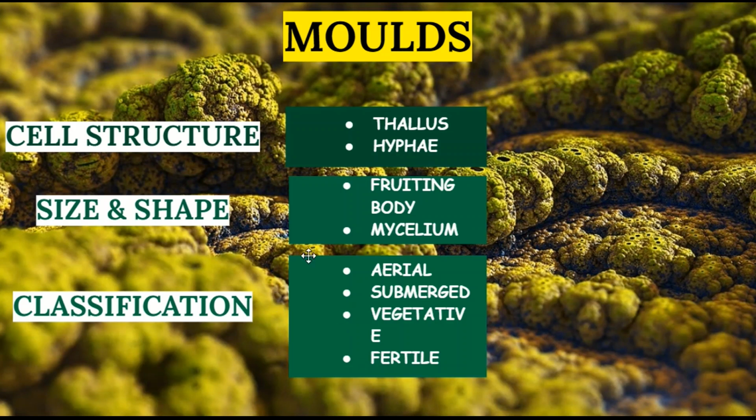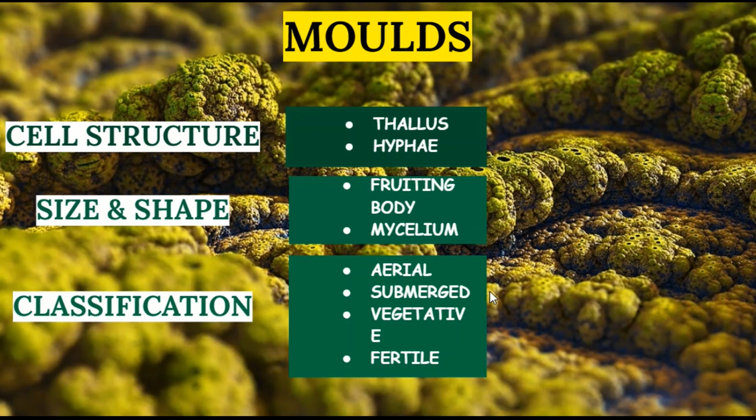According to classification, hyphae can be divided into two types. The first is aerial and submerged. Aerial hyphae grow into the air or above the food, while submerged hyphae grow within the food.